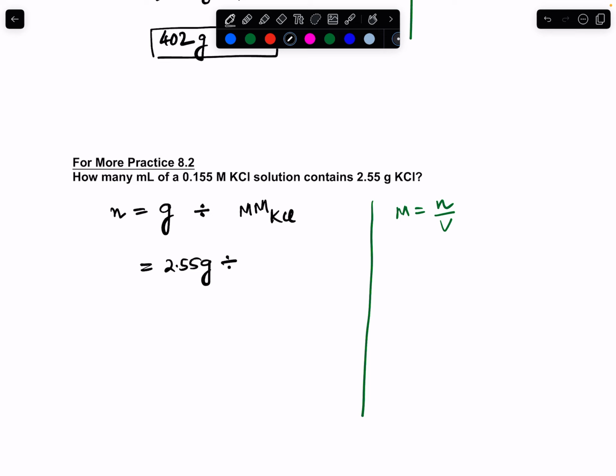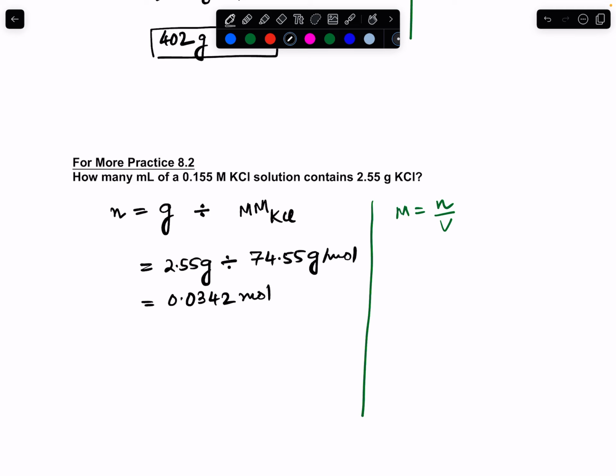To divide that by the molar mass, let's go ahead and calculate the molar mass of this. Turns out when we calculate that, we get 74.55 grams per mole. And if we complete that calculation, we get 0.0342 moles.